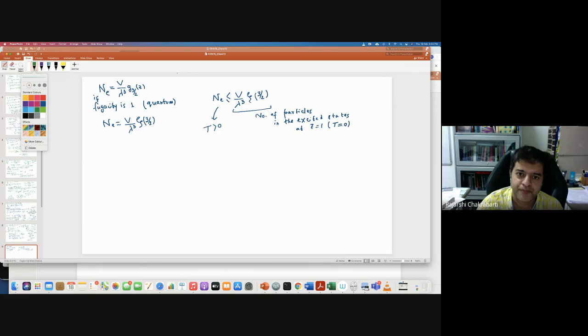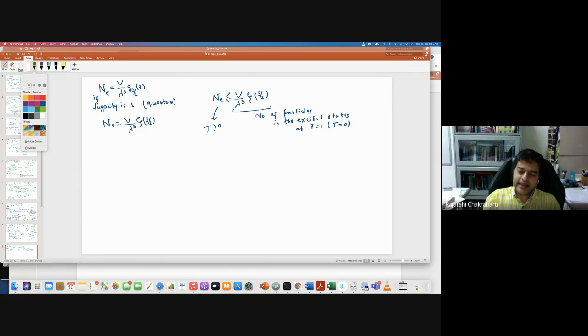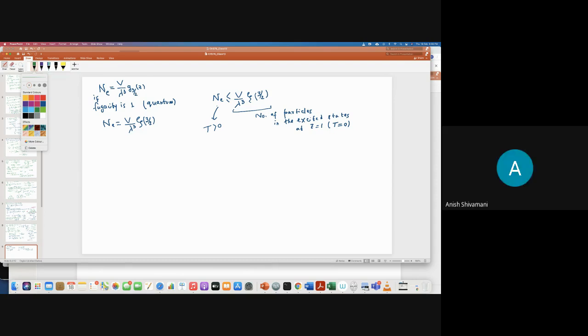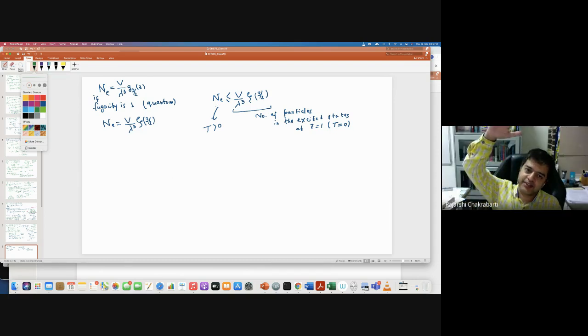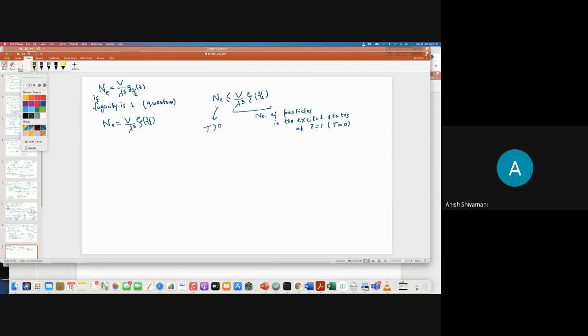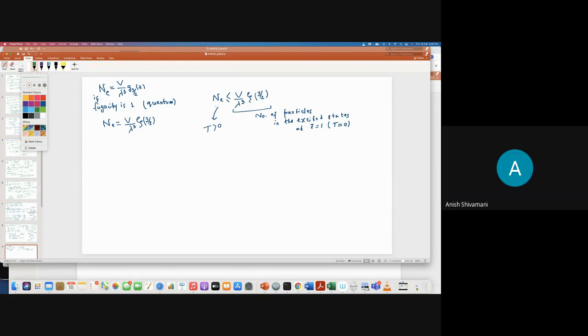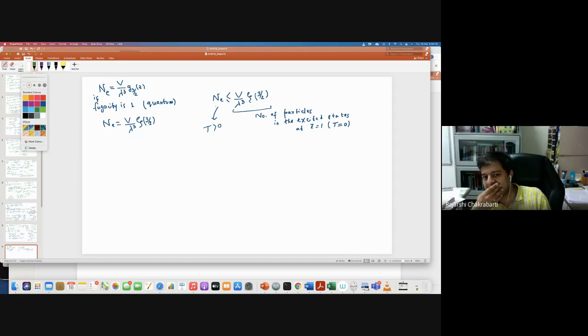So Ne at higher temperature, the number of particles in the excited state, should be higher than the case when the temperature is low. Yes, that is correct, and this is exactly what I've written, isn't it? The sign should be greater than or equal to, why?